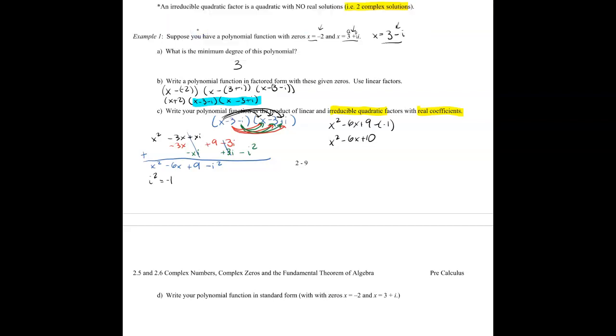I've already distributed the blue part of that particular function. In order to get it in standard form, I want it to just be like x cubed plus something x squared plus something x plus a constant. So I don't want this in factored form at all, but I don't want to distribute out that blue part again because I've already done it once. So I'm just going to carry that down. I'm going to have x plus 2 times the quantity x squared minus 6x plus 10.